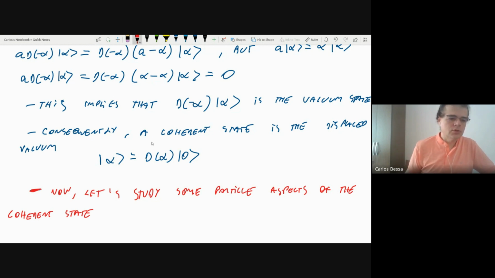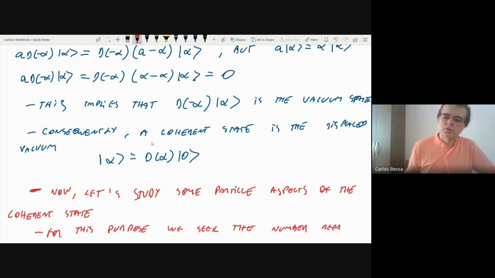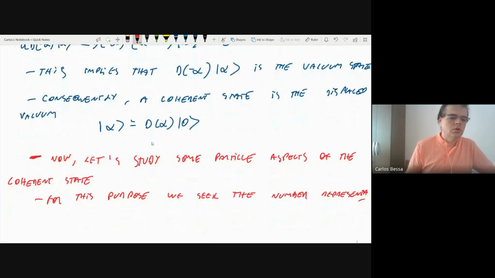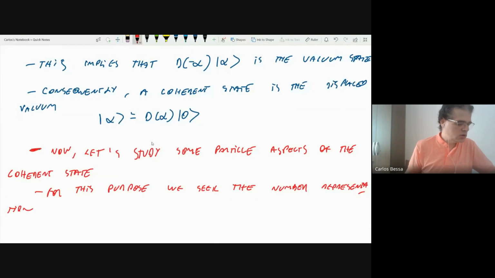For this purpose, we seek the number representation of the state alpha, which is D of alpha applied to 0, right?